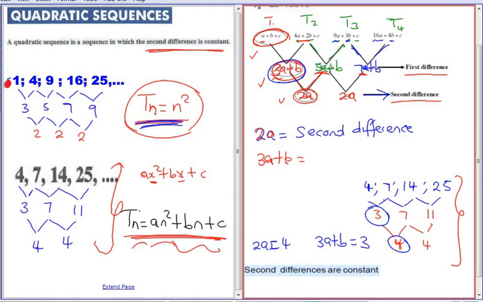And while you're still at it, look at where a plus b plus c is in the original. So you can see a plus b plus c can be equated to the first term. So that one in this situation will be equal to 4. So what do I want you to know? 3a plus b equated to the first difference.